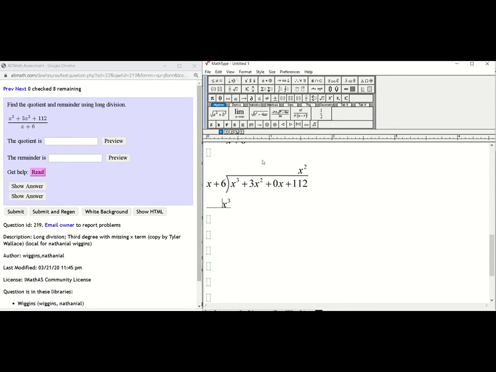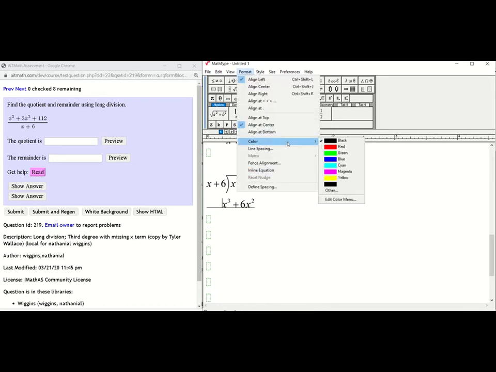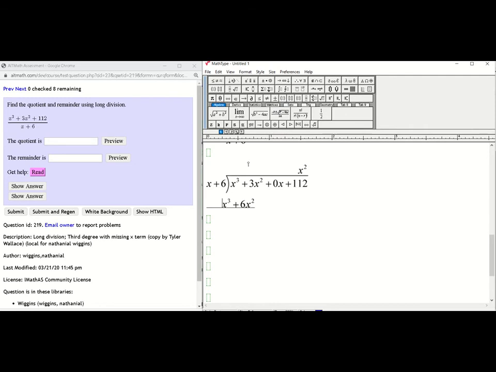Now, when I multiply x squared times 6, I'm going to get plus 6x squared, right? Okay. But now I need to change the sign before I add down. So let's go ahead and change the sign here.